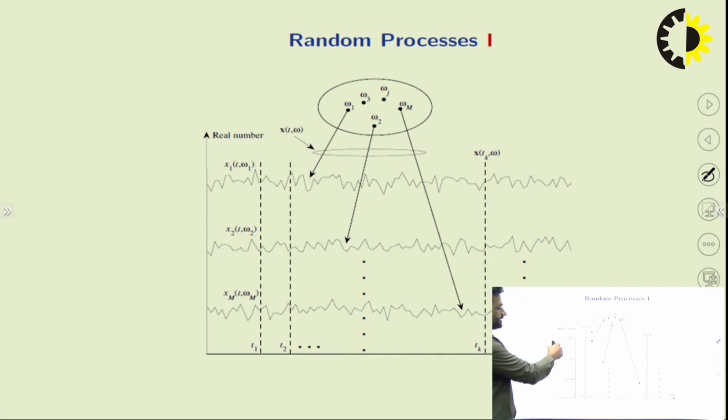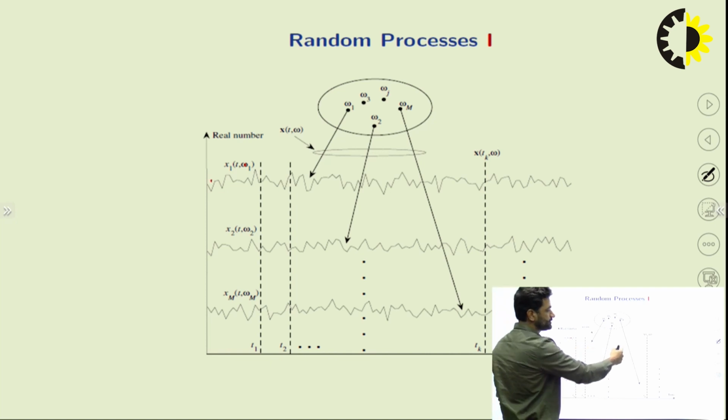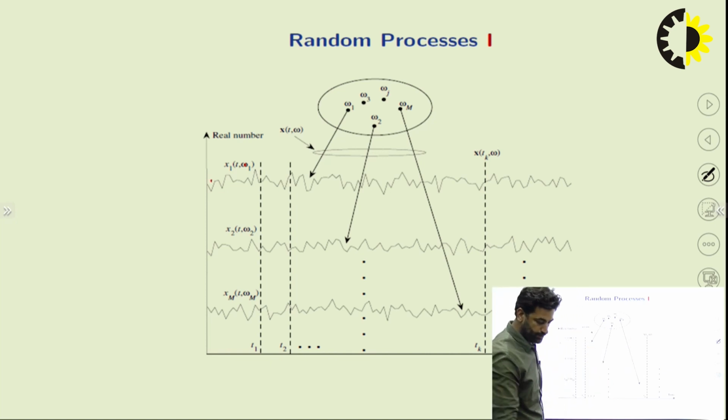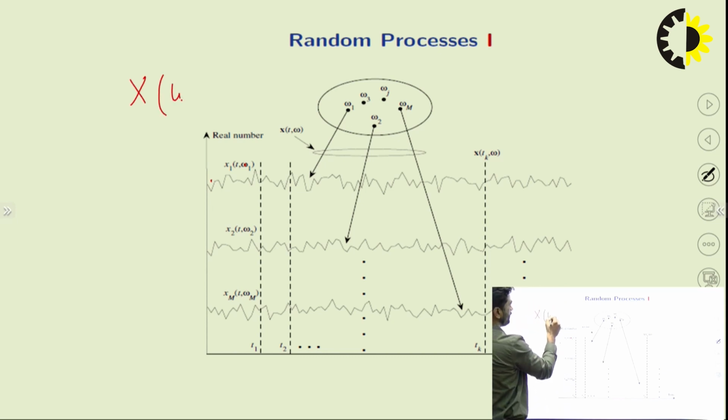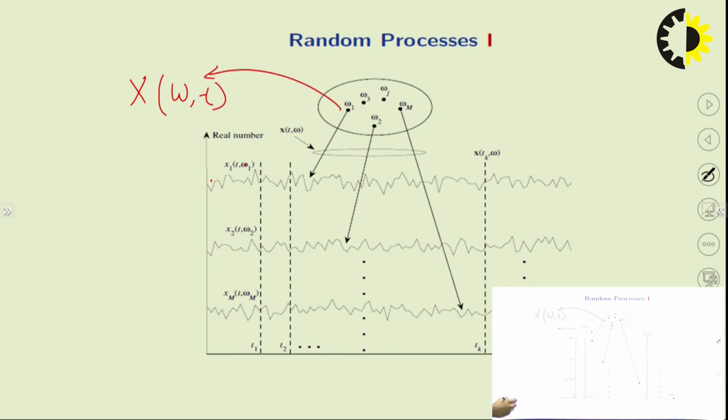This random process is varying with respect to time, and omega 1 is the value coming out from the sample space, omega 1, omega 2, omega 3, omega 4. Our random variable x, which takes values from its sample space, now also depends upon a time function. It becomes a random process.